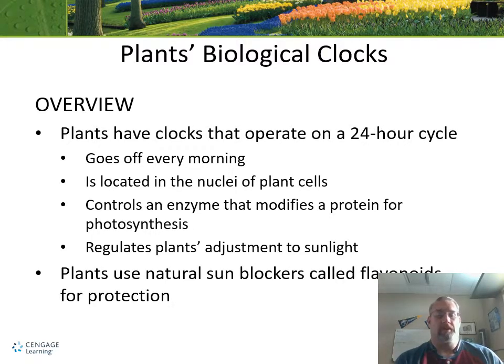So I talked about this a little bit in the last lecture, I believe. It was a plant's biological clock, and plants operate on a 24-hour cycle. Everything goes off in the morning. You have all these different processes that happen. Photosynthesis is occurring while the sun is out.